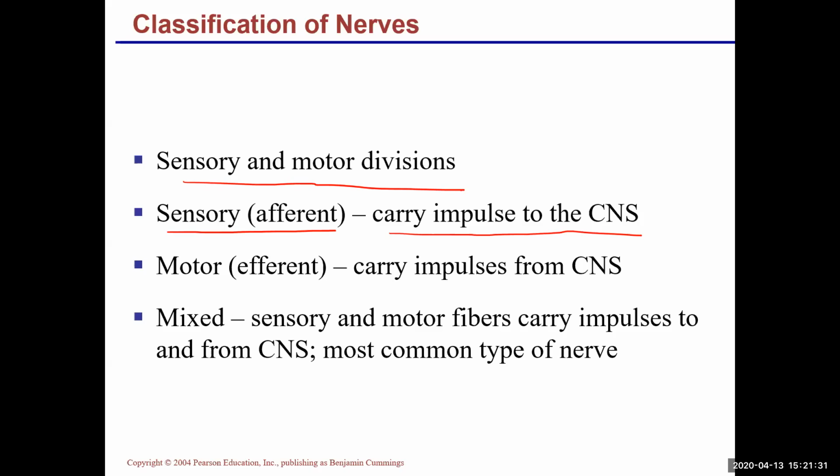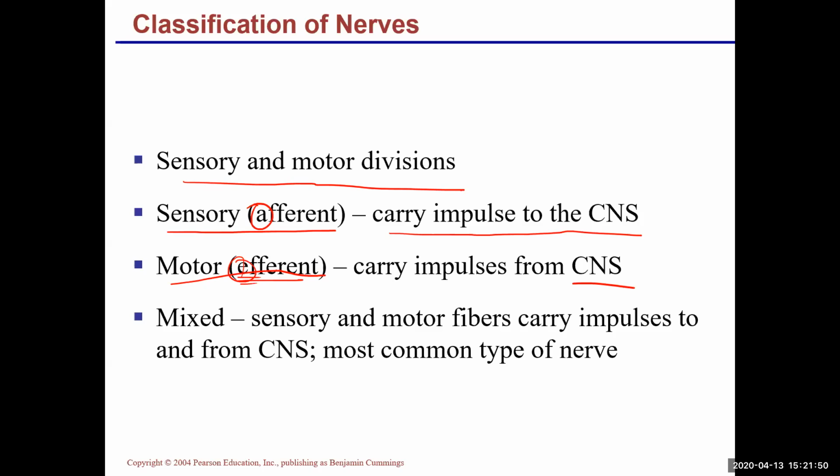Red means stop. Via the motor division, the impulses or efferent fibers, E for exiting, A is for arriving, this information or impulses exit from the CNS towards the effector organs, obviously. So that would be motor.